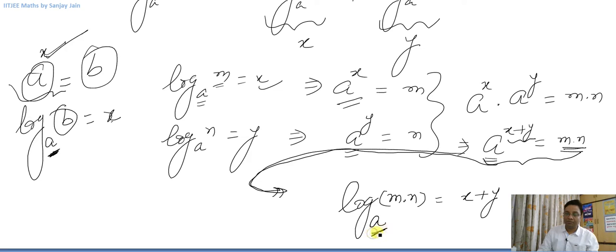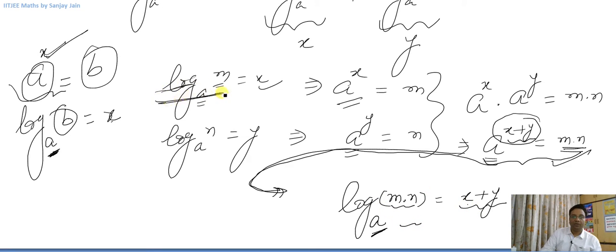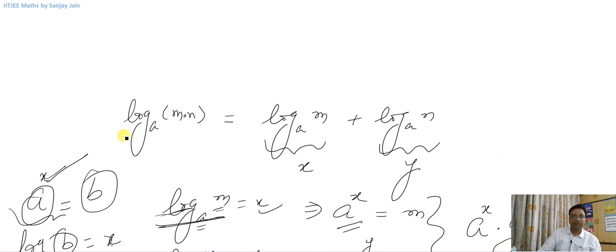So obviously I should raise a by x plus y to obtain m into n. This proves the property because x is nothing but log m to the base a, and y is nothing but log n to the base a. So this property that we talked about is proved, right?